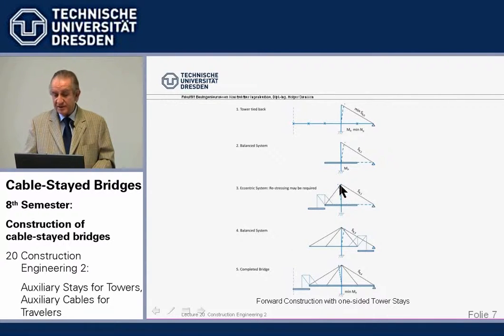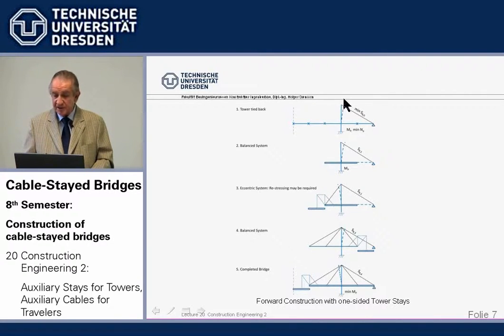And with that system we can do with one backstay only, because we have a certain minimum force in here which the tower must be able to take, but then it's either balanced, no additional force in the auxiliary stay, or it's balanced to the river. Okay, then it's getting a higher force.